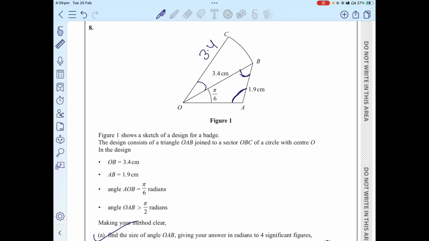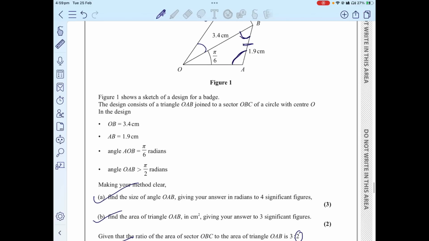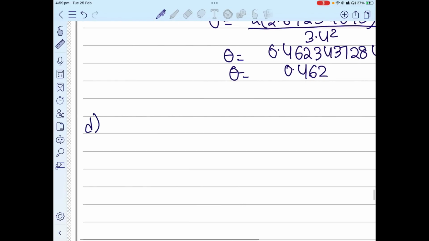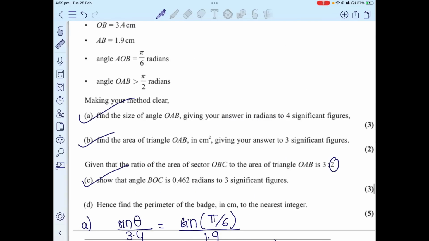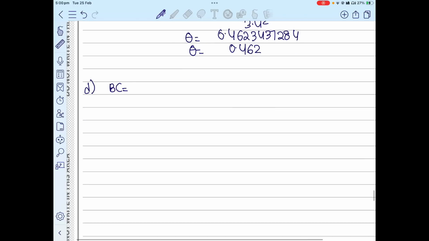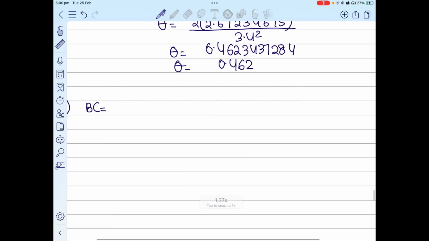For the perimeter of the badge, I will need to know the length of BC. BA is given. Okay, so first of all, let's do BC. BC is the easiest length we have to find. So in order to find the length of BC, remember that the outside of a sector, like the circumference, is r theta, where we know the r times theta.